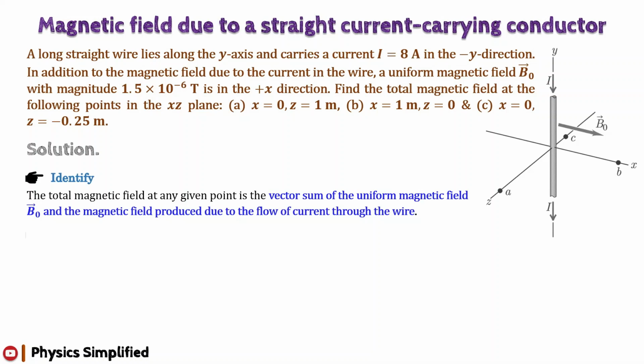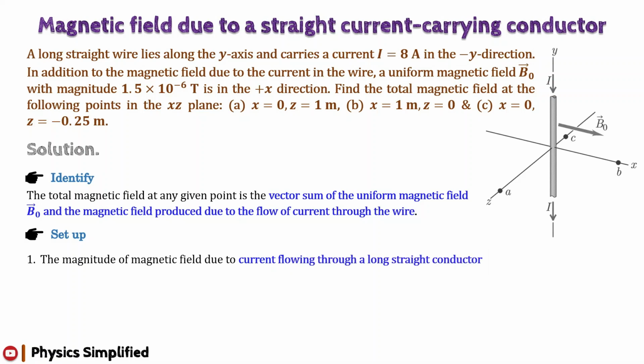Let us now set up the steps and equation to solve the problem. The expression of the magnetic field due to a steady current flowing through a long straight conductor is given by B_wire is equal to mu0 I divided by 2 pi r. Here, mu0 is the permeability of free space, I is the steady current flowing through the wire, and r is the distance of the given point from the wire.